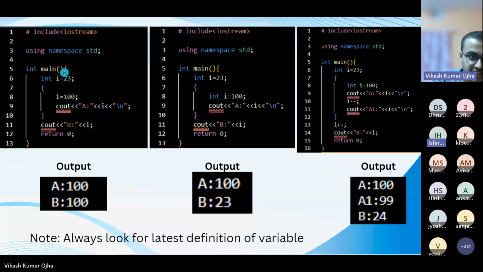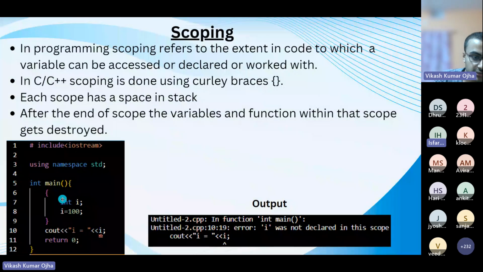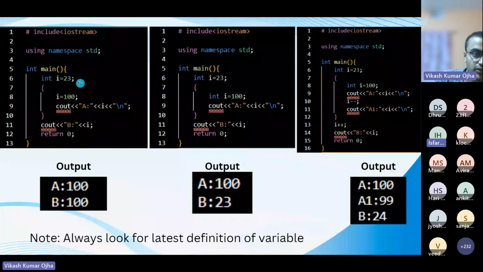So the same I will be used here. This variable I is the same as that I, since no new I was created. In the previous code, the variable was created inside the scope, but in this code, no new variable is created inside the scope. So the I is pointing to the initially defined integer I, and we are just redefining its value as 100.